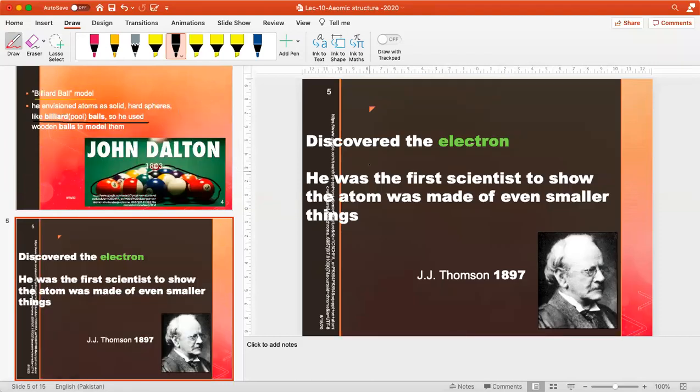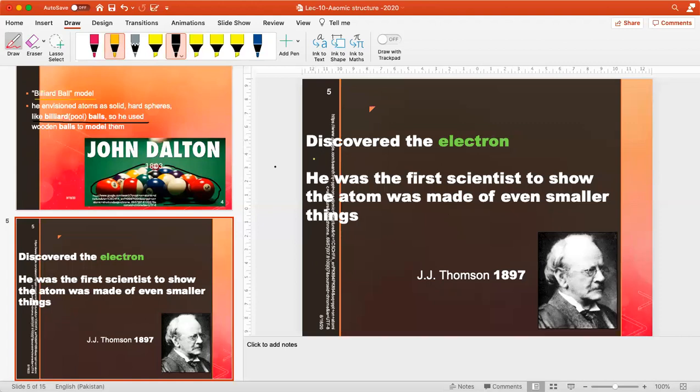Discovered the electron. Now comes the timeline 1897. This is the timeline when the electron was discovered. J.J. Thomson was the first who actually observed and discovered the electron.